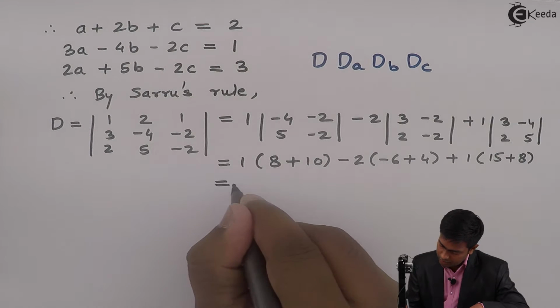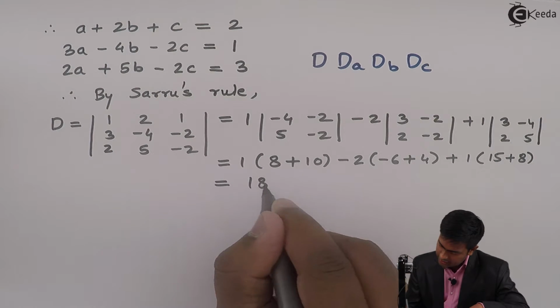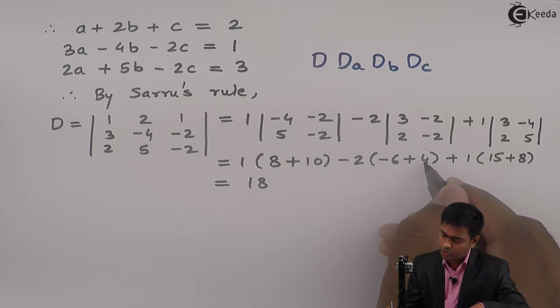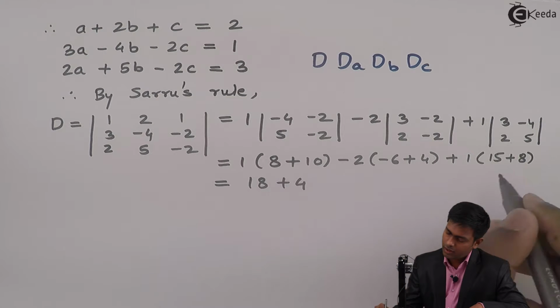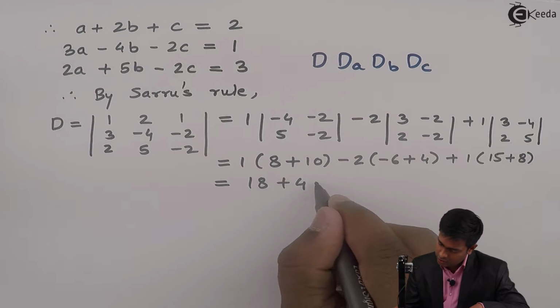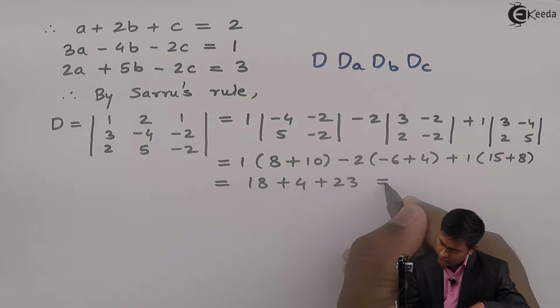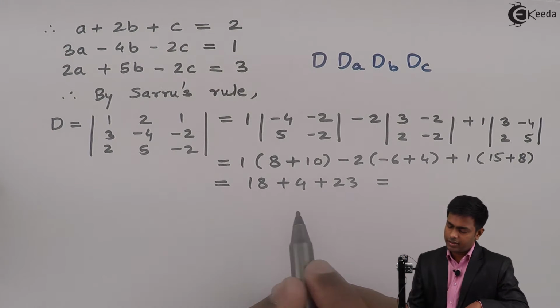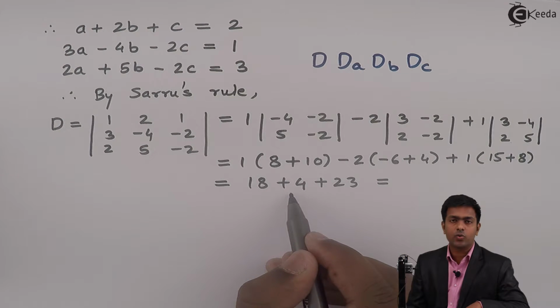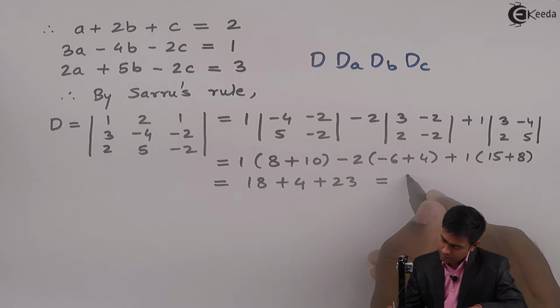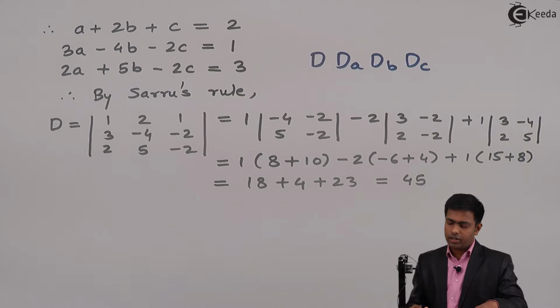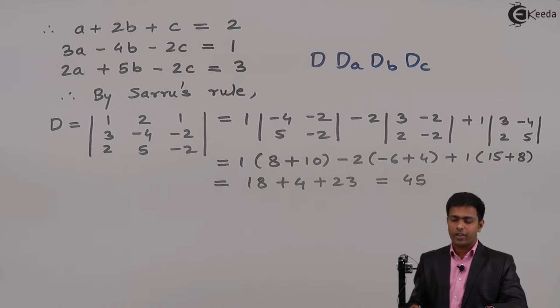So this will become 18 into 1, that is 18, minus 2 into minus 2, that is plus 4, and 15 plus 8, that is 23. So if we add this, then we'll get 18 plus 4, that is 22, plus 23, that is 45. So we got the value of D as 45.